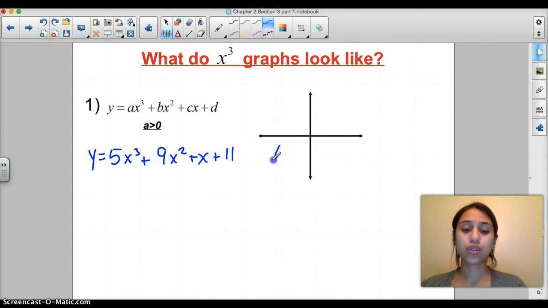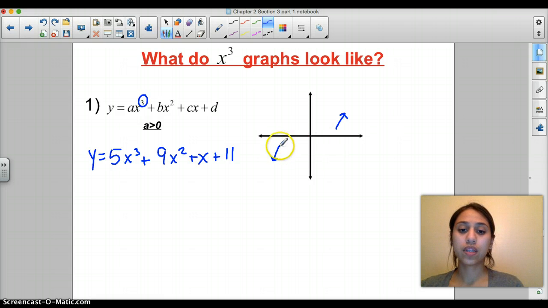And behaviors on this side will be decreasing, and over here will be increasing. In between here, we don't know exactly what the curves will look like, but what we do know is from the 3, if we minus 1, that means 2, our line is going to change direction twice.